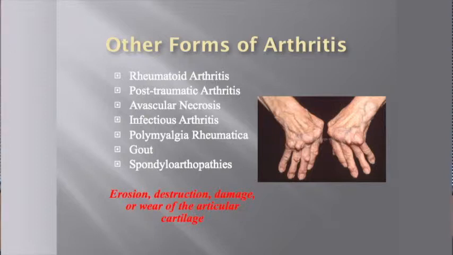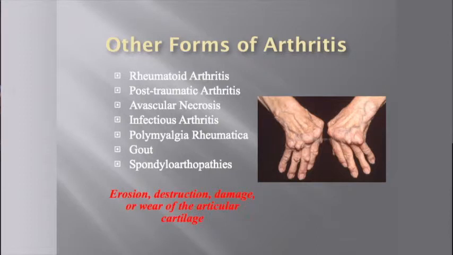Avascular necrosis. We talked about bone necrosis of the jaw. Basically, that's a type of arthritis that occurs when segments and pieces of bone die. It's very common in the hip, actually. Infectious arthritis, as a result of an infection, it can destroy and damage a joint. Gout does that same thing. It can really damage the joint.